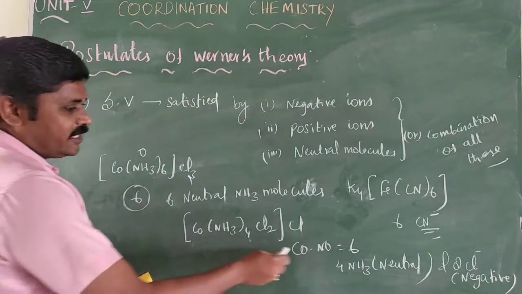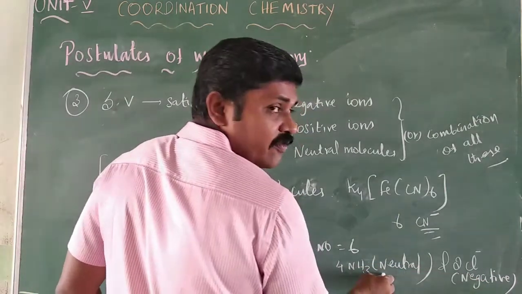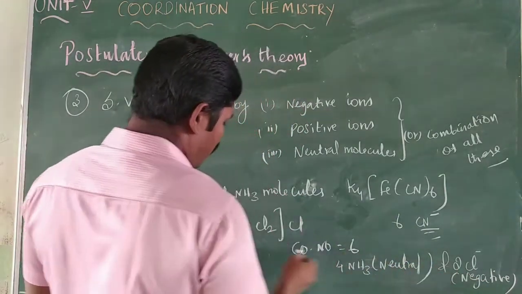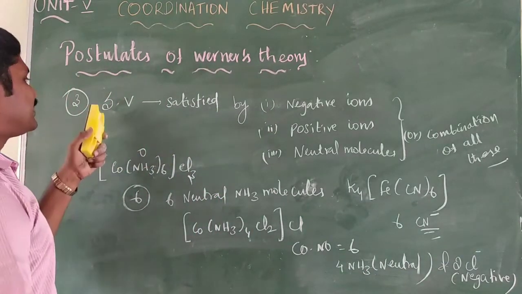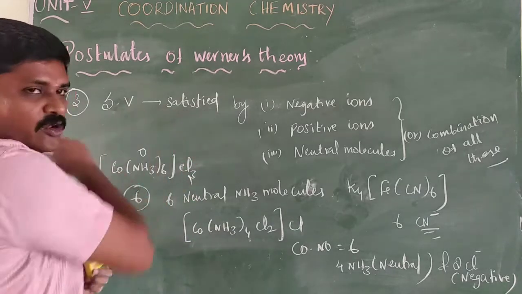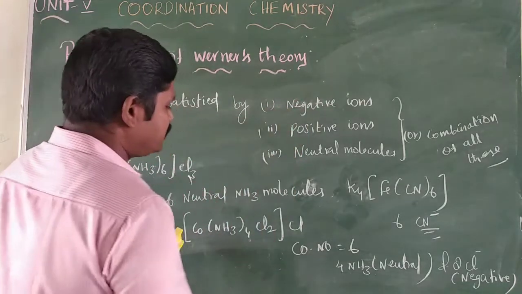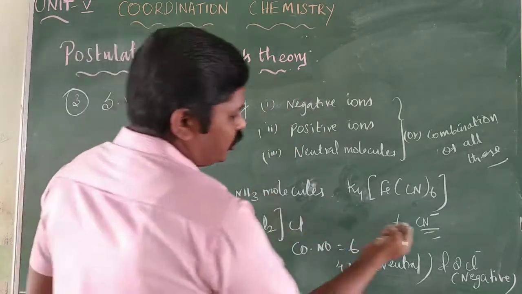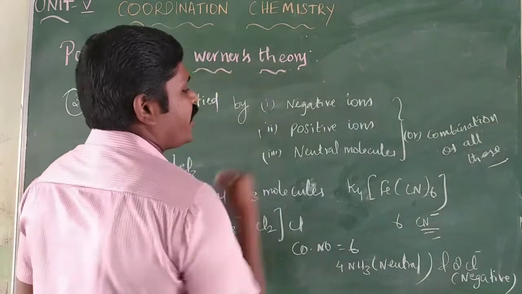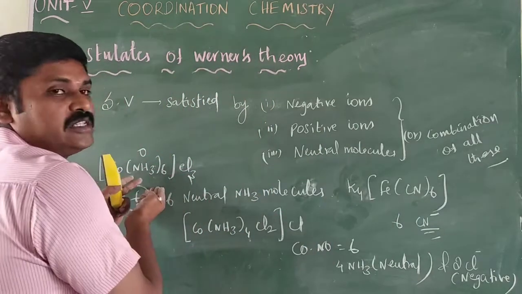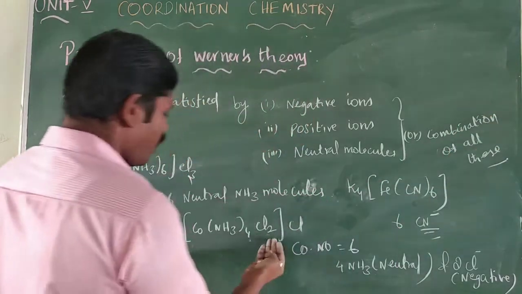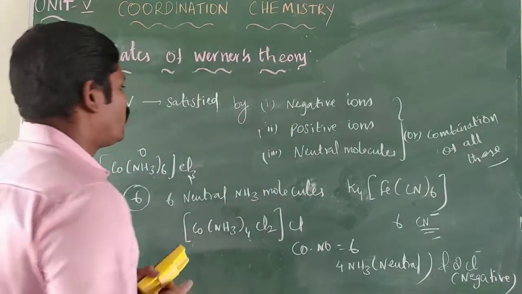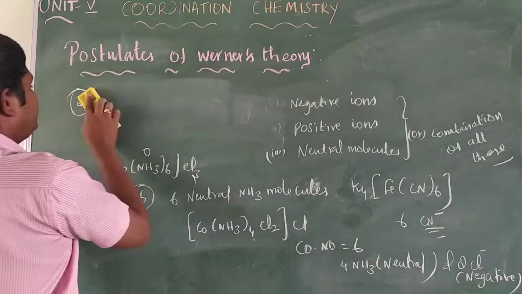So it is a combination of all these. The secondary valency is satisfied by negative ions, positive ions or neutral molecules, or a combination of all these. Next, the fourth point.